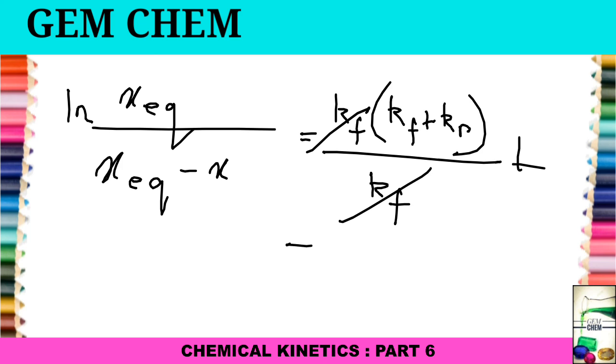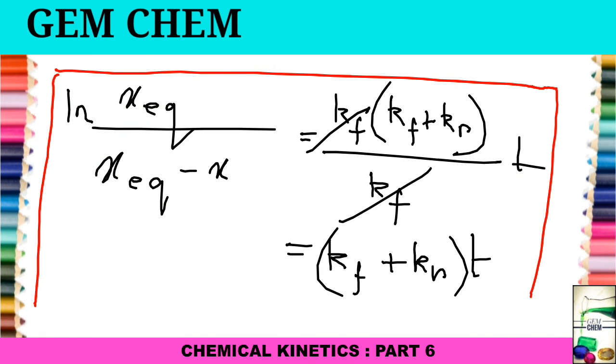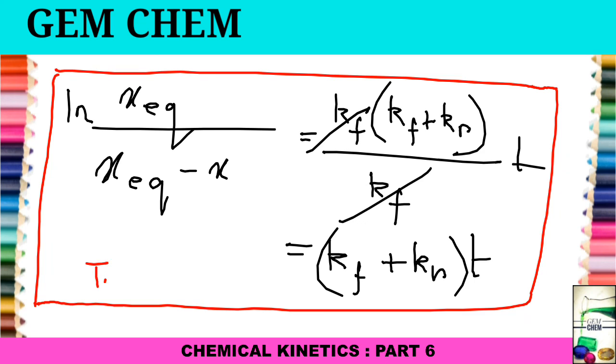This Kf cancels, and we get ln X equilibrium by X equilibrium minus X equals Kf plus Kr multiplied by t, and this is our equation. This is our needed equation for this particular type 2 reaction.